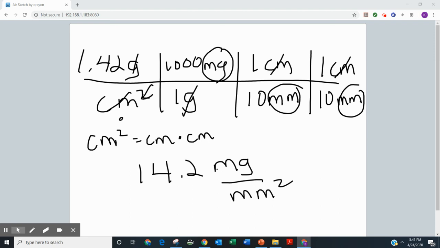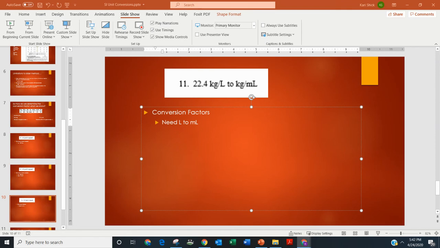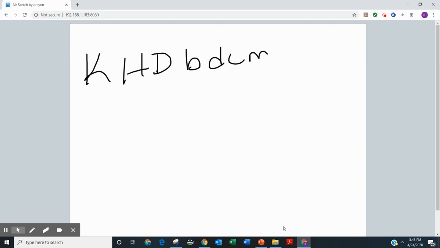So let me look at another problem. For this other problem, I need to convert from kilograms per liter to kilograms per milliliter. So I need the conversion factor between liters and milliliters. So let's do the exact same process. So it was liters to milliliters.